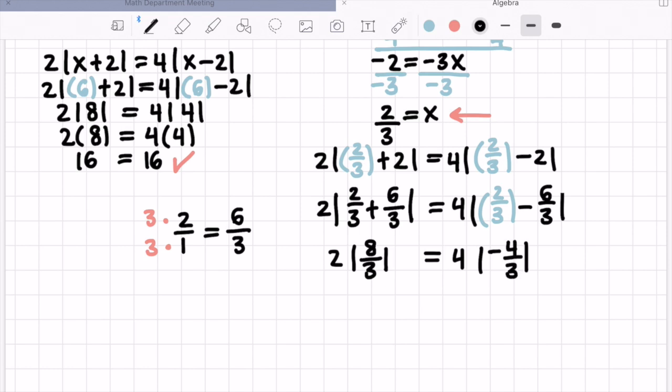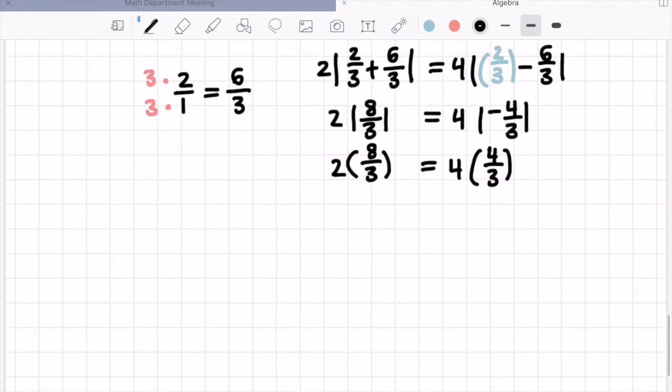Okay, now I want to solve my absolute value. So when I solve it, I use parentheses instead. So I'm going to make it look more like parentheses. Over here I get 8 over 3, close those parentheses. And on this side, instead of negative 4 over 3, I'm going to get positive 4 over 3.